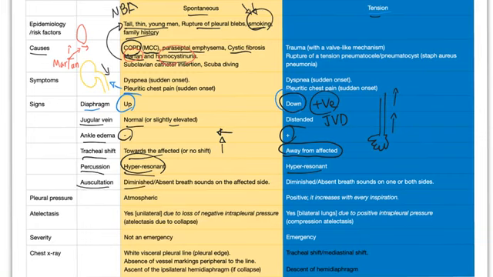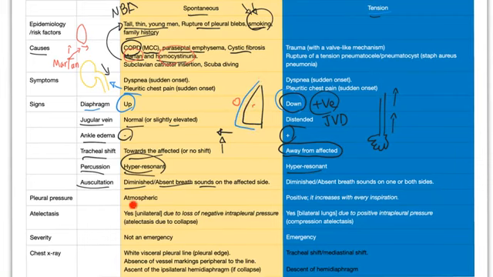Auscultation: diminished or absent breath sounds. Why? Because now here is the lung, and here is the pleura. Normally the pressure in the pleura is negative. I'm putting the stethoscope on the chest in order to auscultate the lung. But now something is interfering with my listening, the pleura, which now has air. It has more pressure than it should.